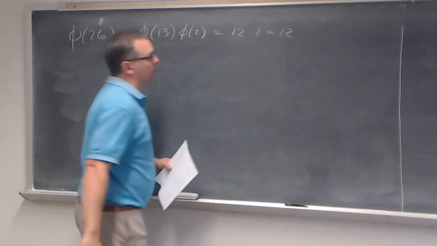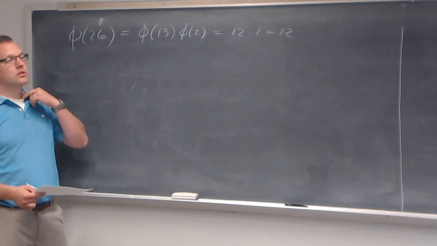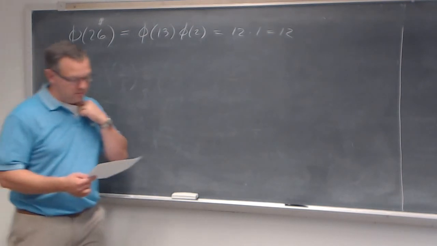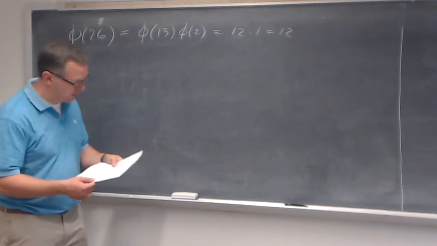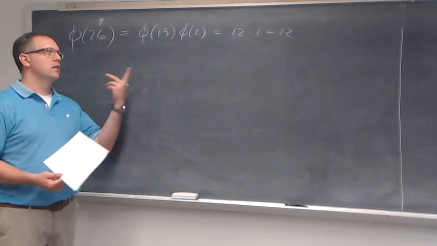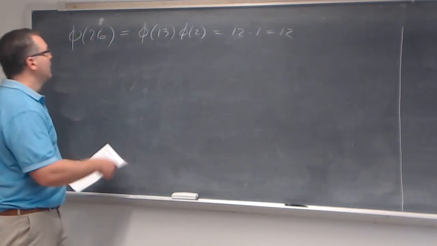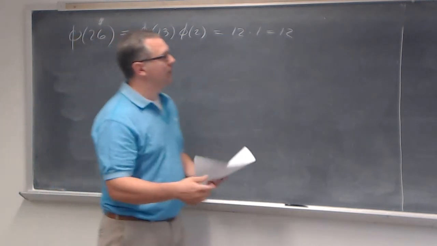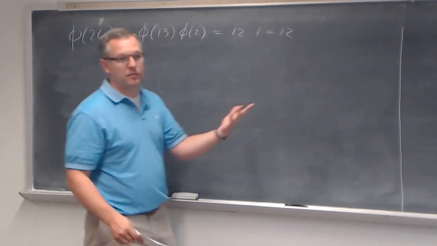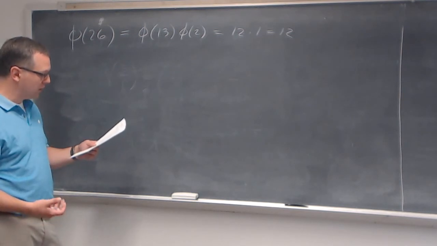So there's 12 possible numbers that you can use as your multiplicative key for this cipher. But the number 1 is one of those 12, which is a bad choice. So practically there's only 11 keys, but technically there's 12 keys for the multiplicative cipher.